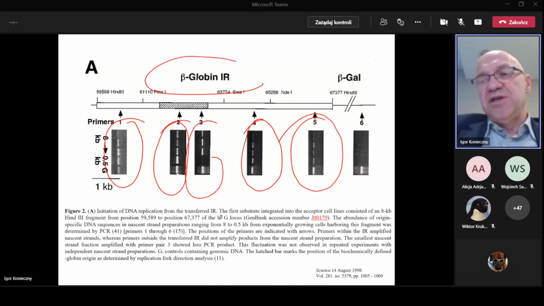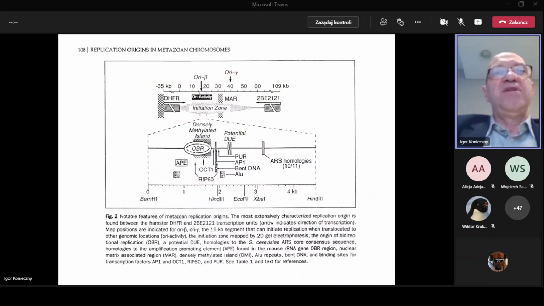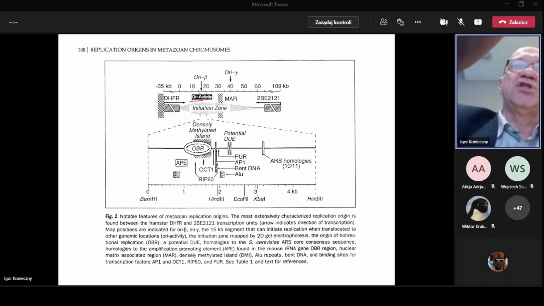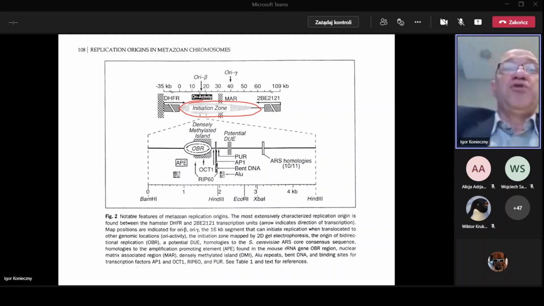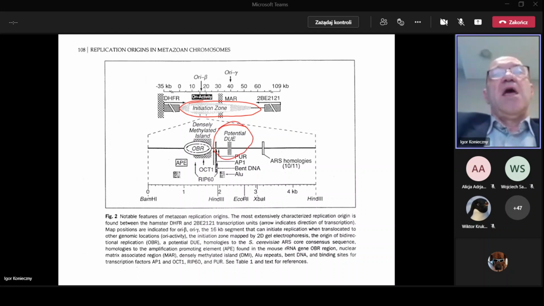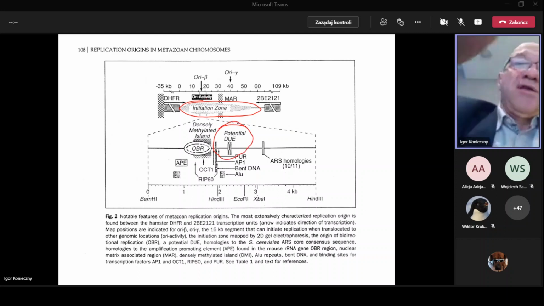However, it is still not clear what actually makes these sites specific. It is believed that this is not exactly the sequence, but something we call the initiation zone, which usually contains a potential DNA unwinding element, and it contains an origin of bidirectional replication.